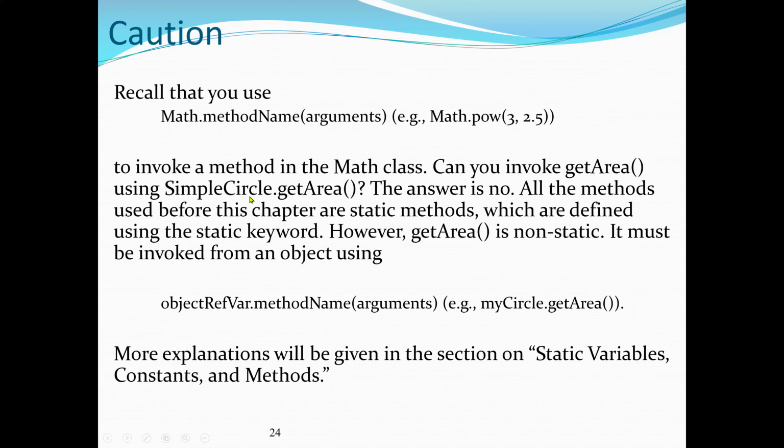The class cannot be associated with the method; we have to create an object first. So the answer is no. All the methods used before this lecture are static methods, which are defined using the static keyword. However, getArea is not static, so it must be invoked from an object.